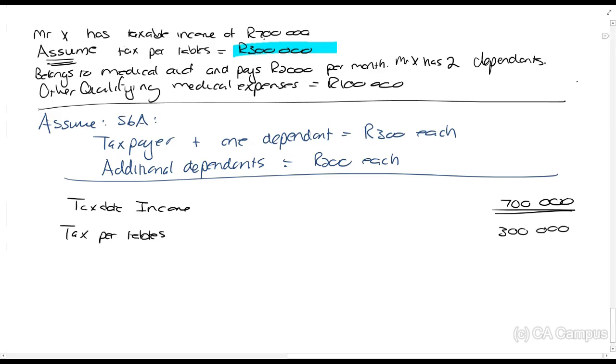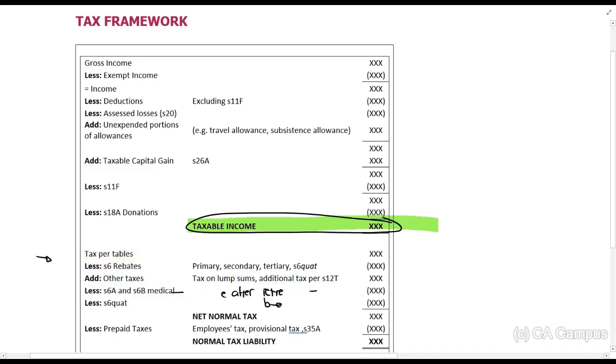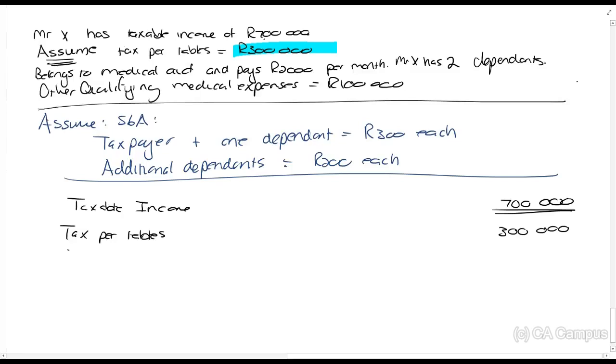Whatever that is, in my case, we just assume it as that. Right, so let's clean up here a little bit. So we've now done this, tax per tables. Now it's your section 6 rebates, whatever that amount is.